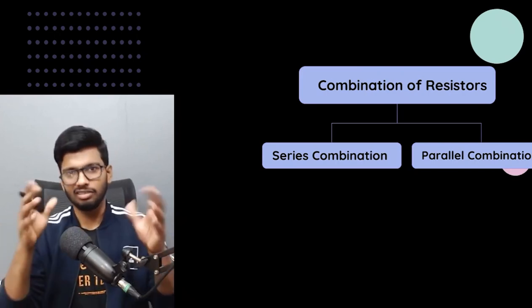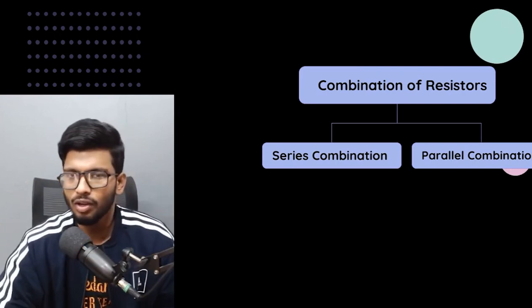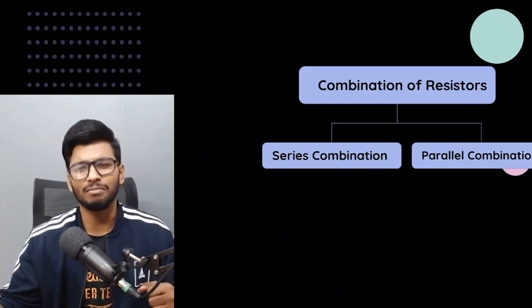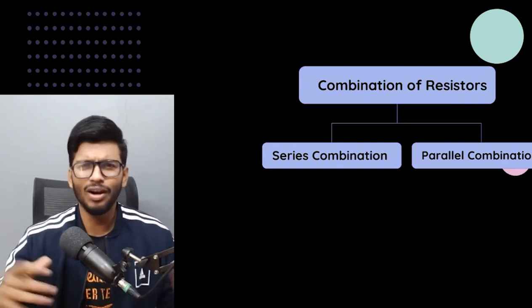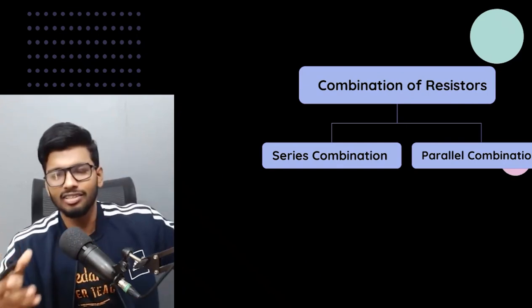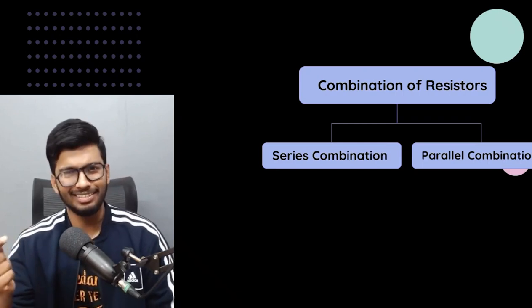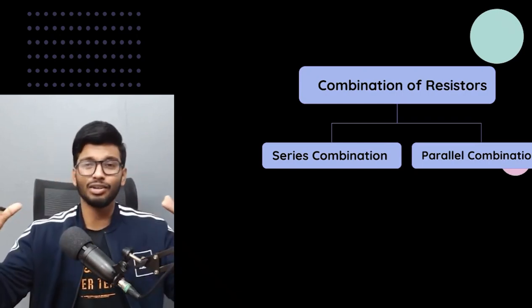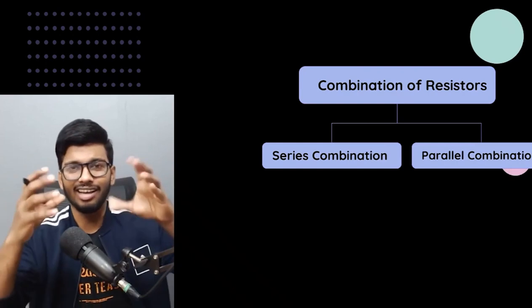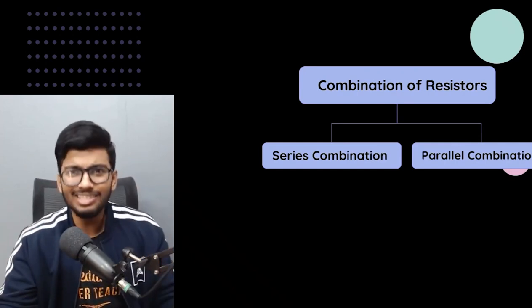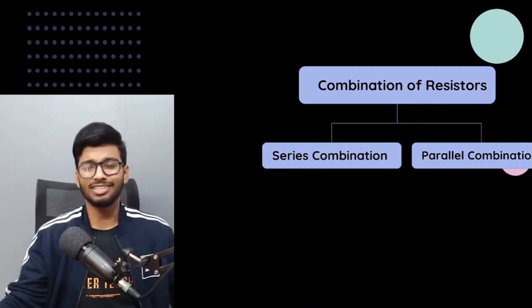For example, guys, imagine you have an adapter with you, a simple phone charger or a mobile charger, or a laptop charger. Whatever the adapter is, imagine that there is an adapter with you. Now, do you think in that adapter there's only one resistor connected throughout the entire circuit? Obviously not, right? There'll be several resistors connected over there.